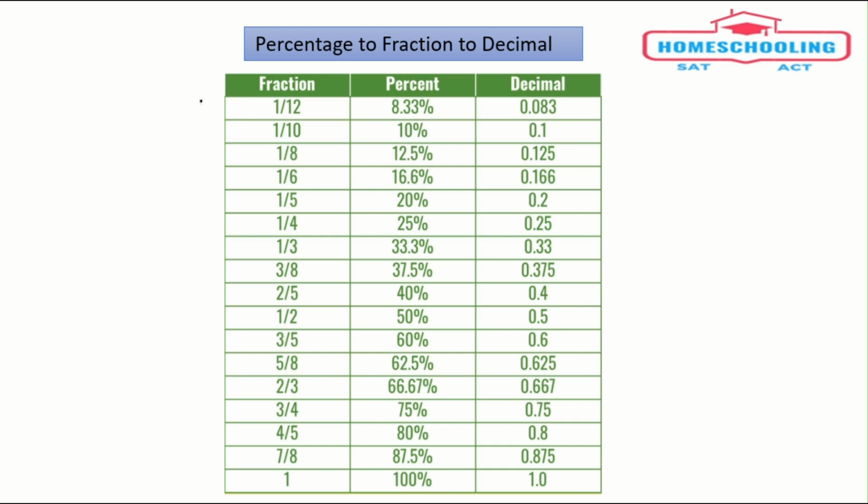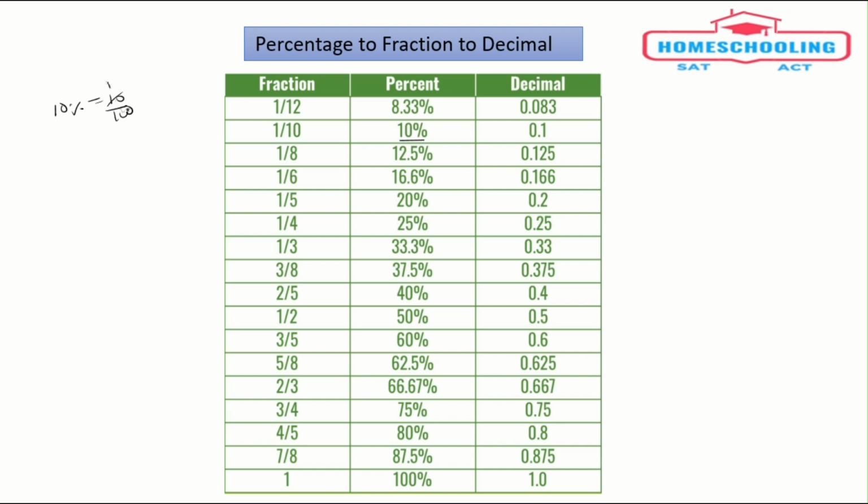Now, this slide is very important. In this slide, you will find percentage and its corresponding value in fraction and decimal. So let's take some simple percentages here, that is 10%. So 10% can be written as 10 by 100.